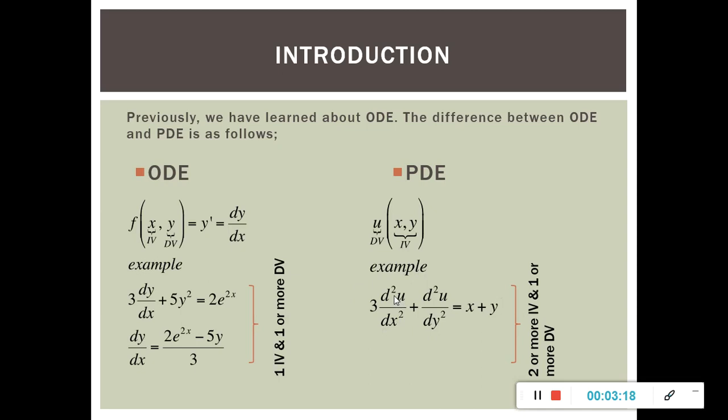You can see here that for a partial differential equation, they have the power 2 of the derivative. For a partial differential equation, you can have two or more independent variables and also one or more dependent variables.